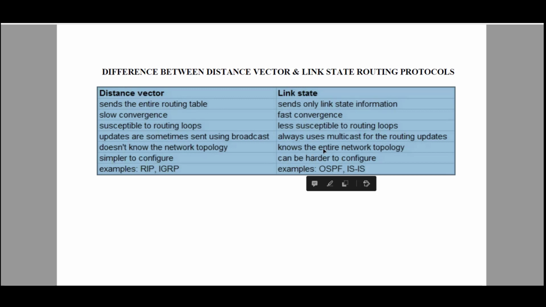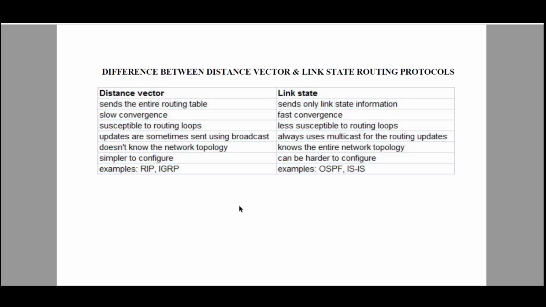So here every router will know the entire topology. Distance vector is simple to configure, while link state is slightly difficult to configure, not very difficult. You will understand this in the coming class. So these are the differences between link state and distance vector routing protocols. With this, we are completing lecture number 6.